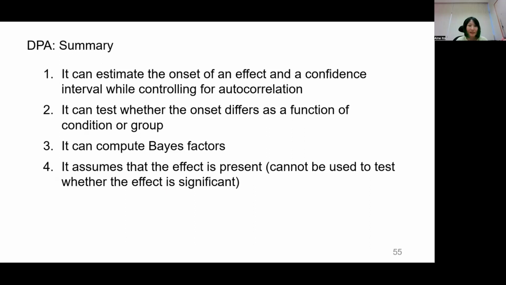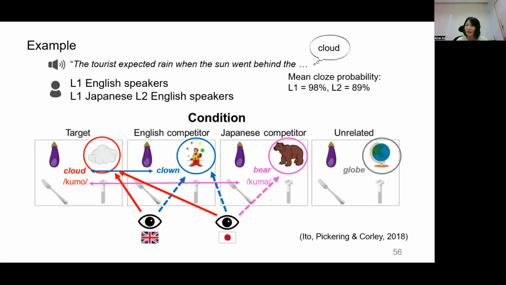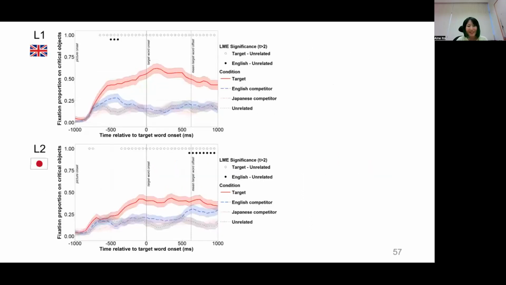Okay, let's now look at the application of this analysis to the same data that we already know. You know the design, you know the data. So these points again were significant data points detected if we run lots of LME across multiple time windows, and the same for L2 speakers' data, right?